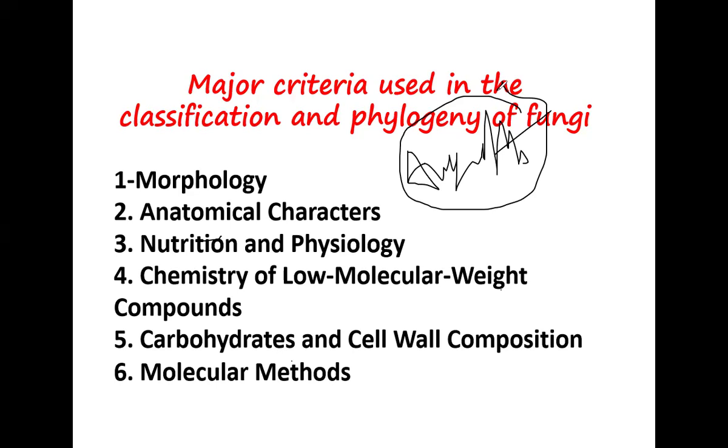What are those? Main morphological characters, how it looks, whether it is filamentous or unicellular, septate or aseptate, simple porous, poroseptate hyphae or dolipore septate hyphae, whether it has flagella or not, the cell wall, how it is morphologically. All those characteristics we take into consideration for the classification of fungi.